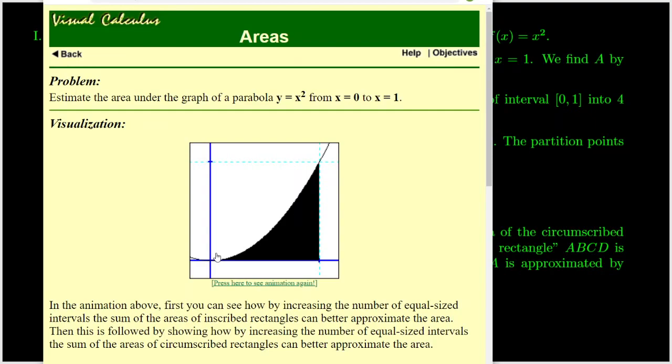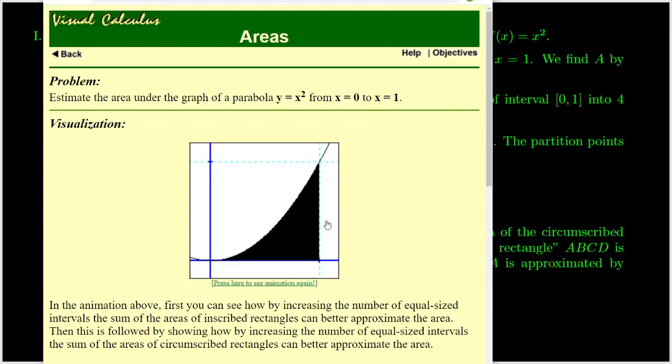We're going to actually compute, not estimate, the area under the graph of the parabola from 0 to 1, which is the area of the black region.